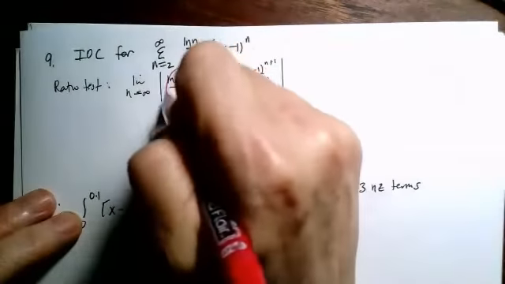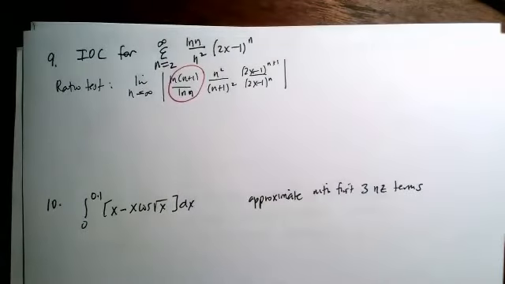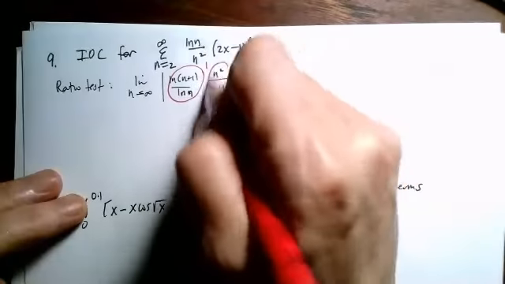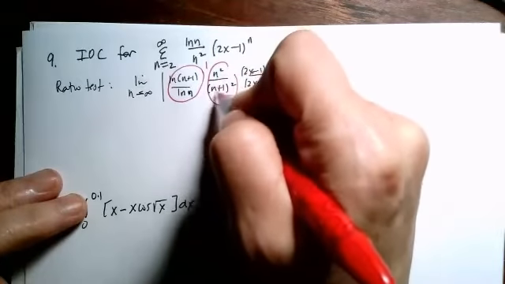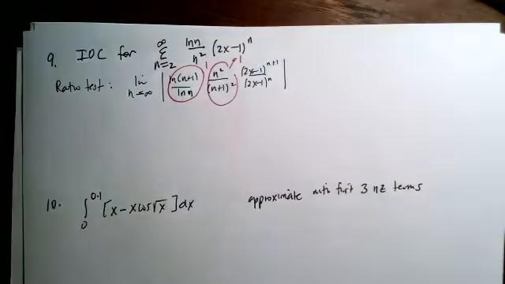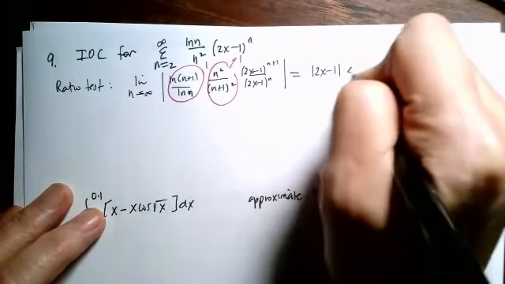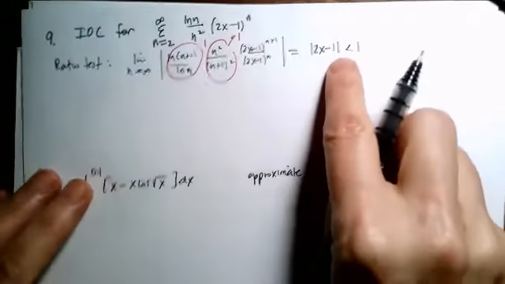Okay, where is this ratio of logs going? This is an n over n, so 1. And the polynomial degree is 2 for both, and both have a leading coefficient of 1, so that's 1. And so this is telling us that the absolute value of 2x minus 1 has to be less than 1 for convergence.